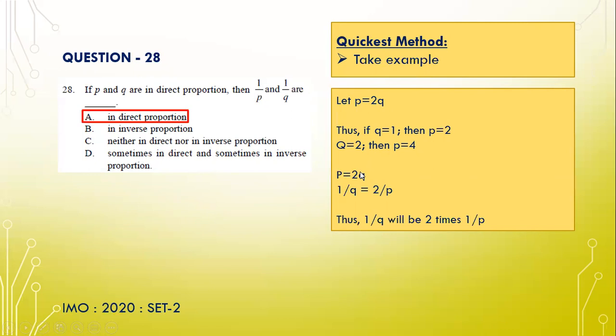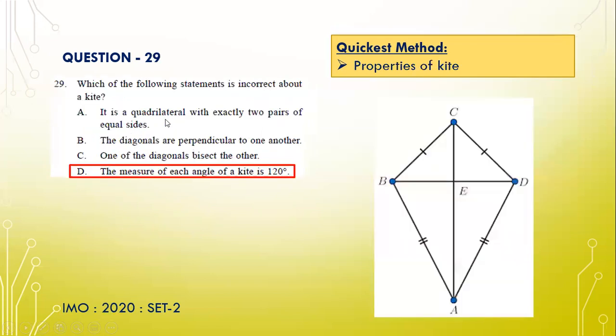So if P is equal to 2Q, then 1 upon Q. If you bring Q here, it will be 1 upon Q. If you bring P here, it will be 1 upon P. But here it is 2, so it will be 2 upon P. So 1 upon Q is equal to 2 upon P. What it means is 1 upon Q will be 2 times 1 upon P, isn't it? 1 upon Q is equal to 2 times 1 upon P. So they are still in direct proportion.